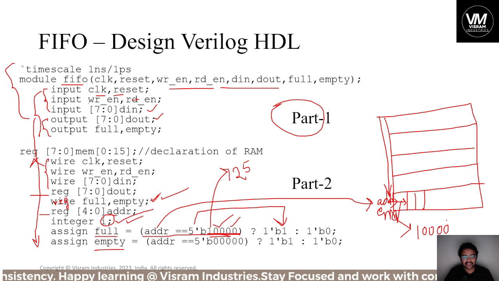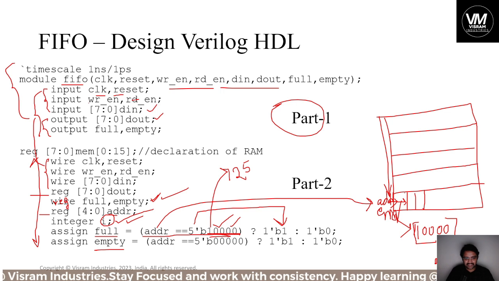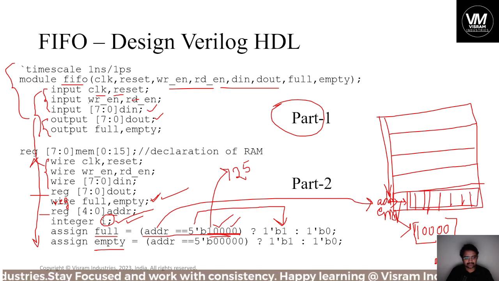It is not the data, guys. It is not the information. It is only the location of the address. But data is represented in the registers format. You can have 8-bit data. That is different.